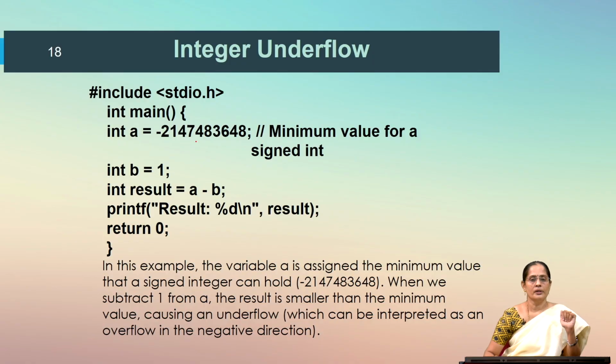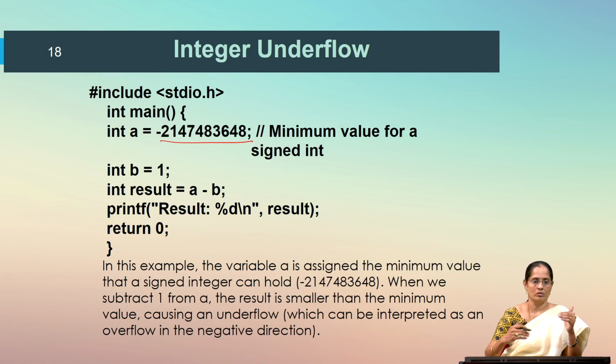There is also the possibility of an integer underflow situation. Because an int supports both negative as well as positive values, if we are using the minimum value for a signed int, minus 2147483648, which is the minimum range of a signed int, and we try to decrement, or apply a subtraction operation with the value 1 or any number, then it may again result in an underflow situation.